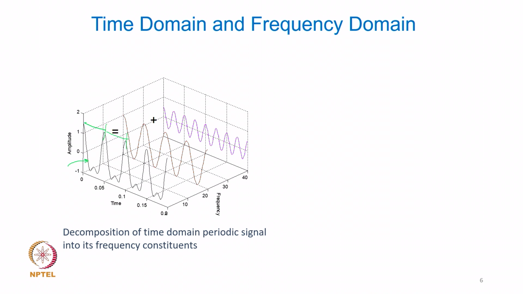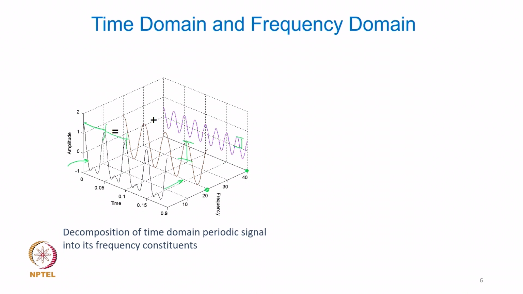So, I can decompose this periodic time function into its constituent harmonic time functions. In this particular case it is made up of two sinusoids, with two different amplitudes and two different frequencies. This one has a frequency of 20 hertz and the second constituent is 40 hertz.